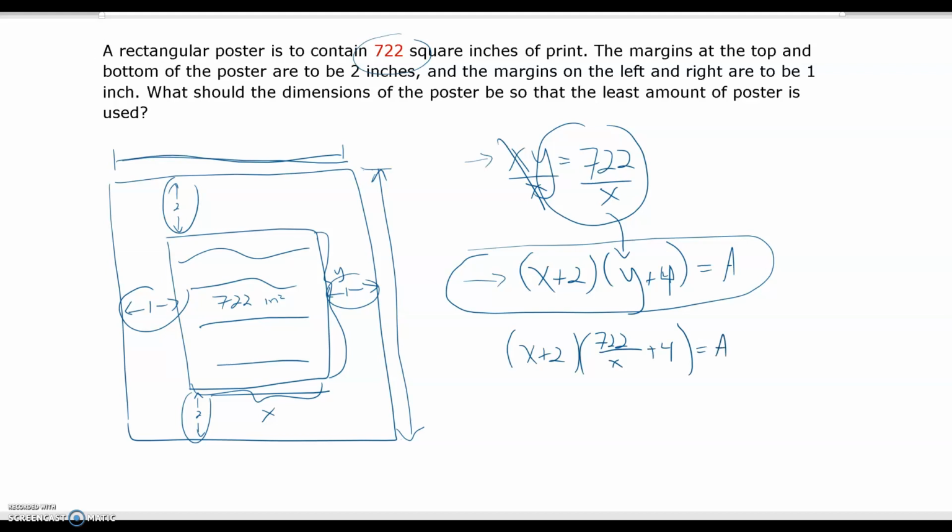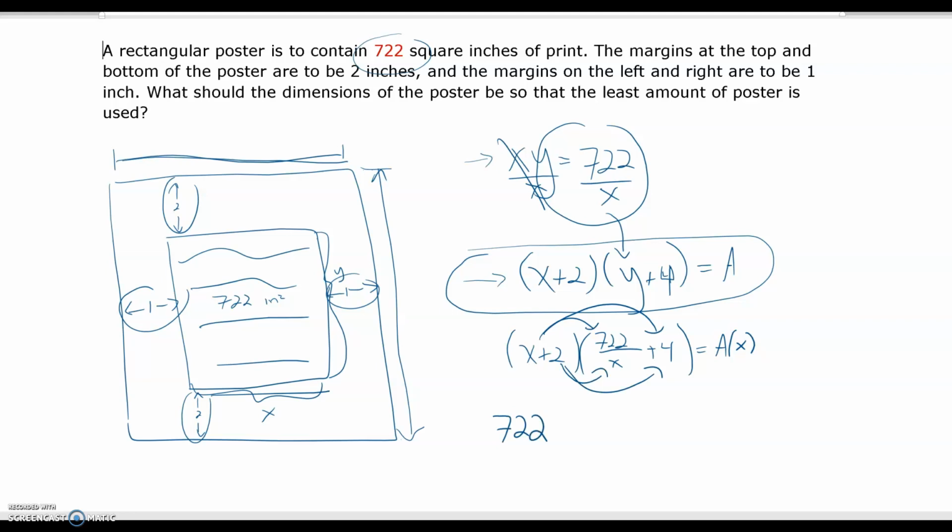So now this is a function of x, and I can take the derivative, set to 0, do the first derivative, second derivative test to figure out if it's a minimum. But first, we probably want to avoid the product rule. So I'll go ahead and FOIL this and have a much nicer looking function of area.